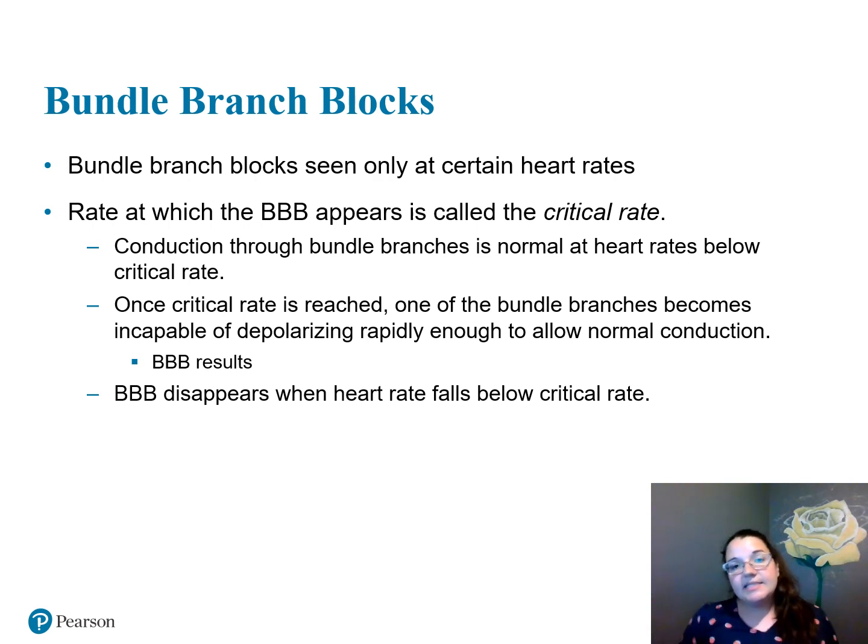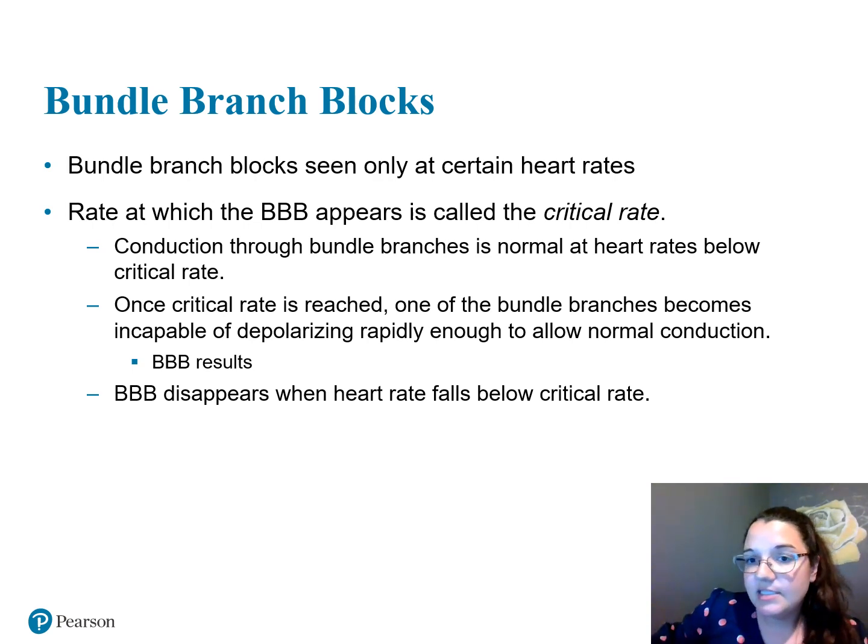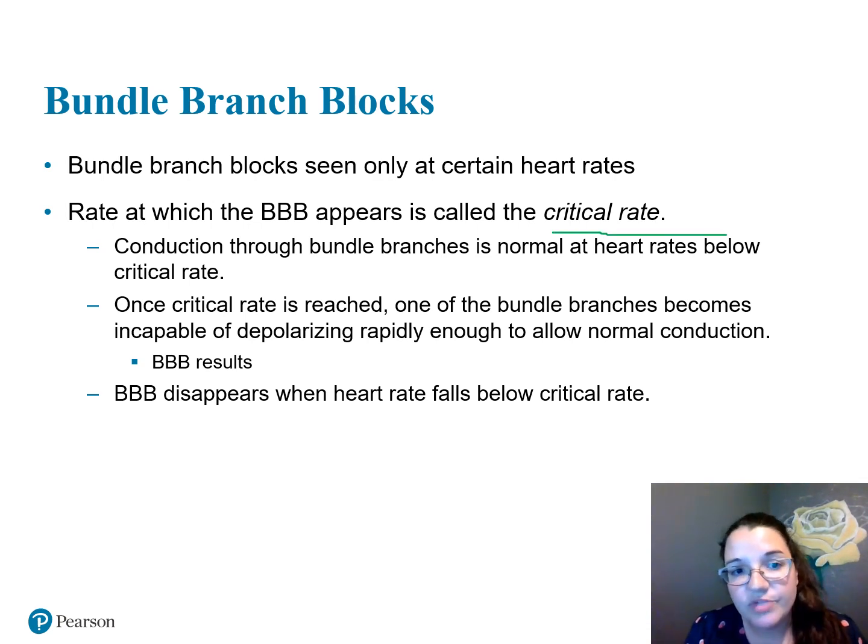Bundle branch blocks are seen only at certain heart rates. The rate at which the bundle branch block appears is called a critical rate. This is going to be a test question, your national certification. Conduction through the bundle branch is normal at heart rates below the critical rate.